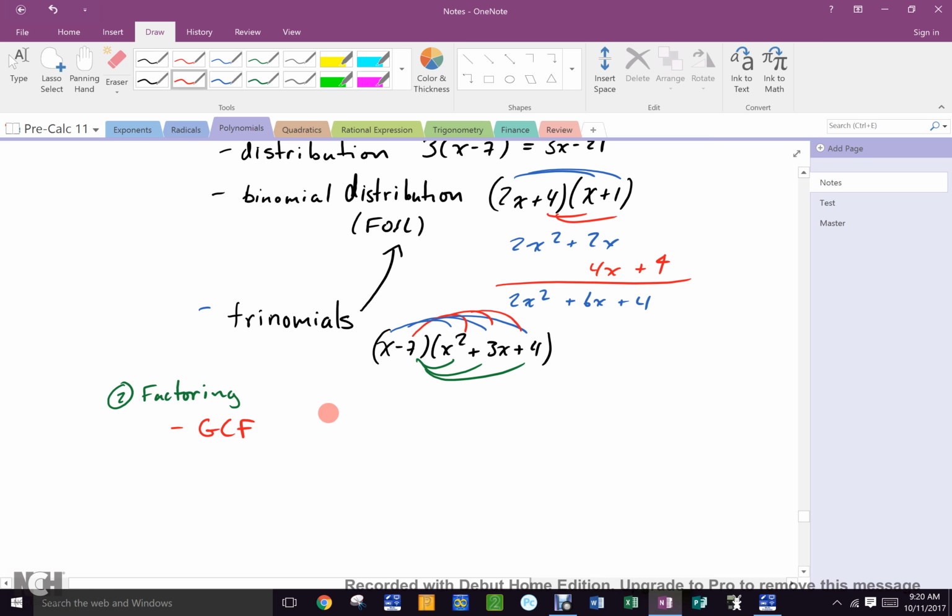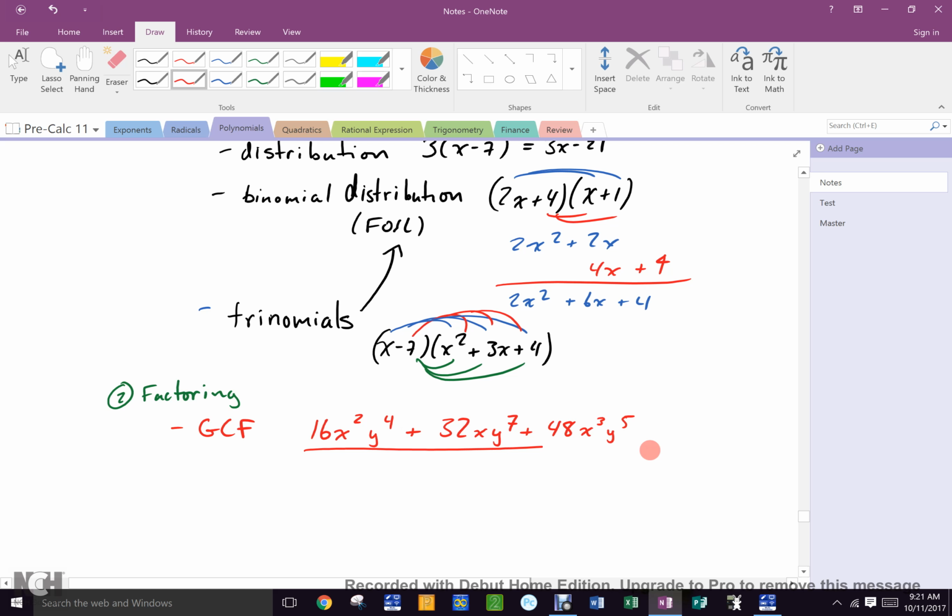Right? So if I had 16x squared y to the fourth plus 32x y to the seventh plus 48x to the third y to the fifth, what would the GCF be? 16x y to the fourth.